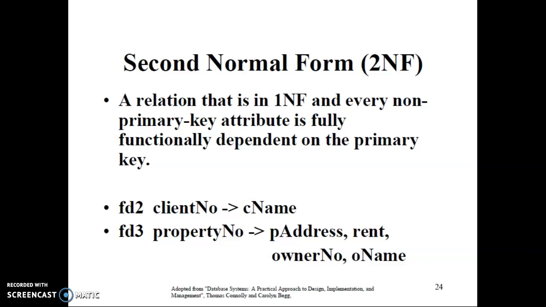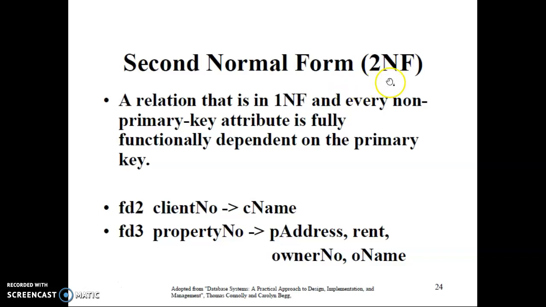Okay. So what is the rule of second normal form? See here: a relation that is in first normal form. That means to convert any table into second normal form, first it should be in first normal form. That should satisfy the first normal form rule.